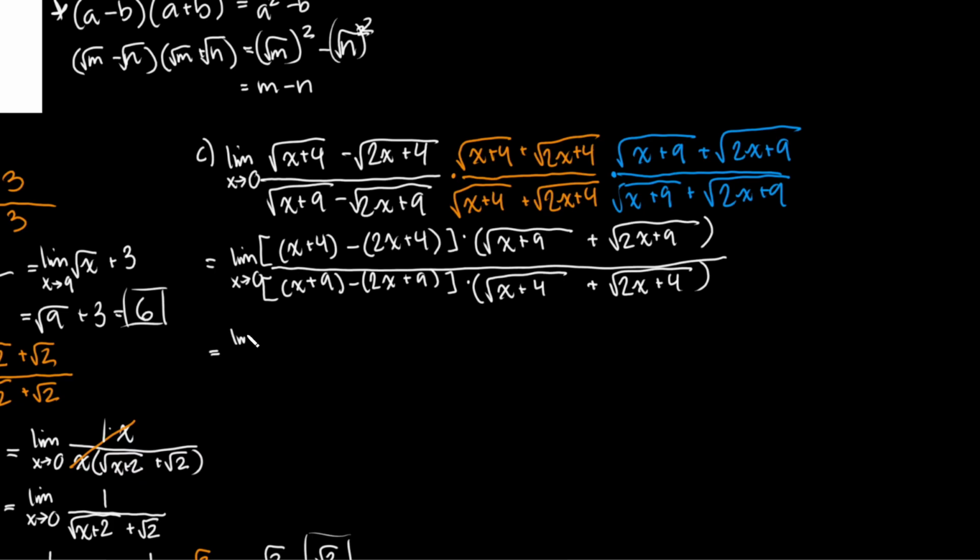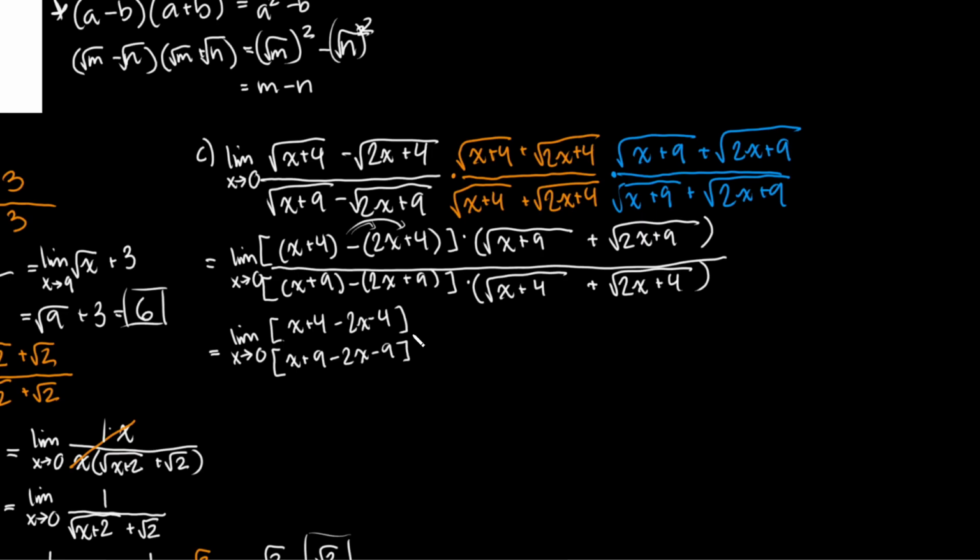So that would be the limit as x goes to 0 of, well, this top part, x plus 4 minus 2x plus 4, we can rewrite it as x plus 4 minus 2x minus 4. So I'm just distributing the minus signs right here. And the bottom part will be x plus 9, distributing the negative, minus 2x minus 9.